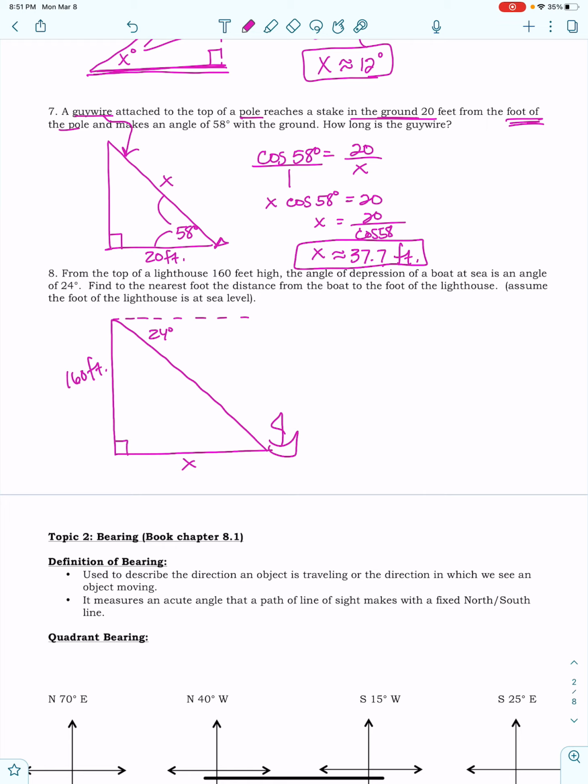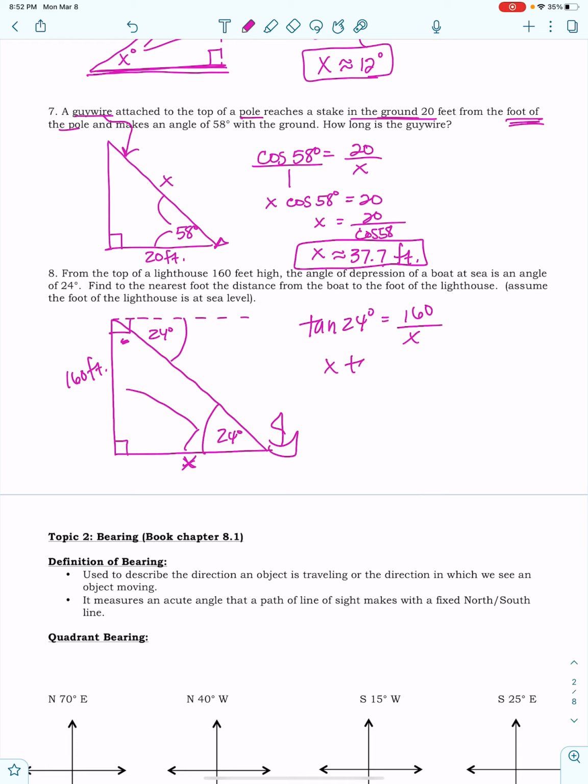Okay, couple of options you can go with here. You can subtract 24 from 90 and get this angle right here, or you can use the idea that these are congruent, and then you can use 24 to find the value for x. So opposite and adjacent, so I would use tangent of 24 equals opposite over adjacent.